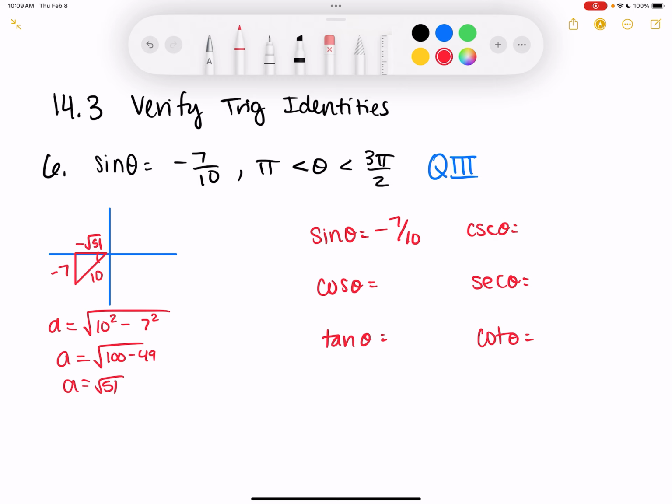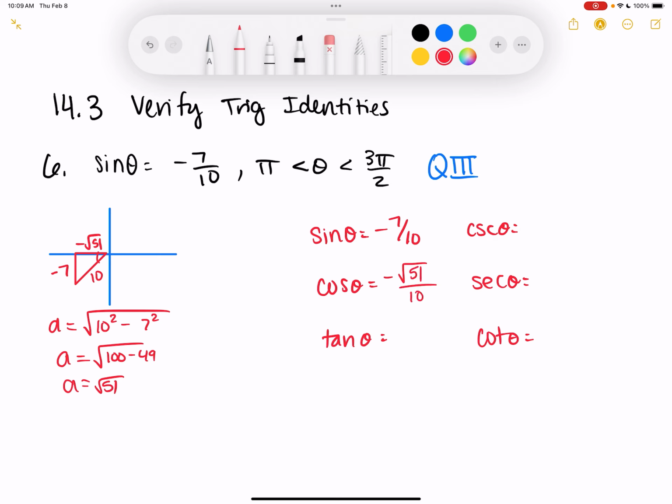I can't hear what you're saying. No. Cosine. Oh, negative root 51 over 10.